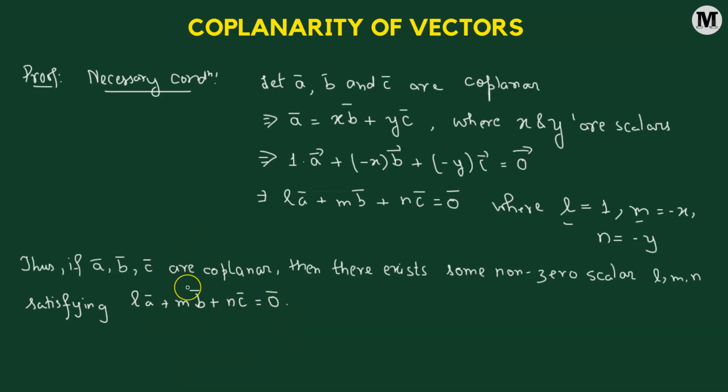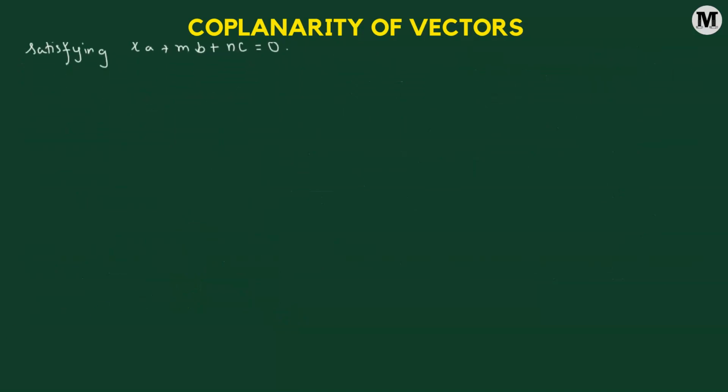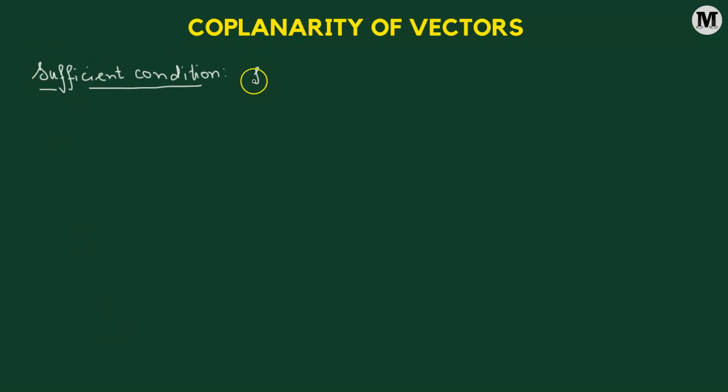Okay, now let's discuss the sufficient condition. What is sufficient for the statement to be true? So, let's say we have three vectors. We don't know if they're planar or coplanar or not. We're just going to consider three random vectors. So, let A, B, and C be three vectors, and let L, M, N be three scalars.